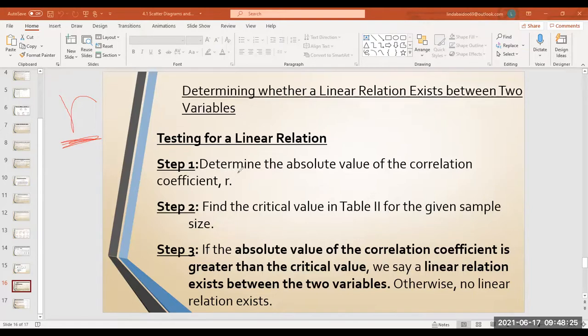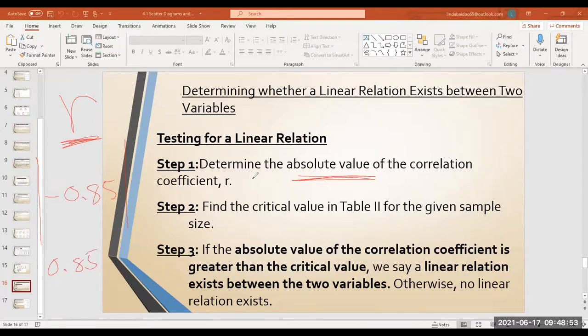To do that, our first step is to find R. It doesn't matter if you're getting negative or positive R, just look for the absolute value. We know absolute value from elementary algebra, in case you've forgotten. If you have a value like negative 0.85 and you're asked to find its absolute value, you put two vertical lines around it. If it is negative, it becomes positive.